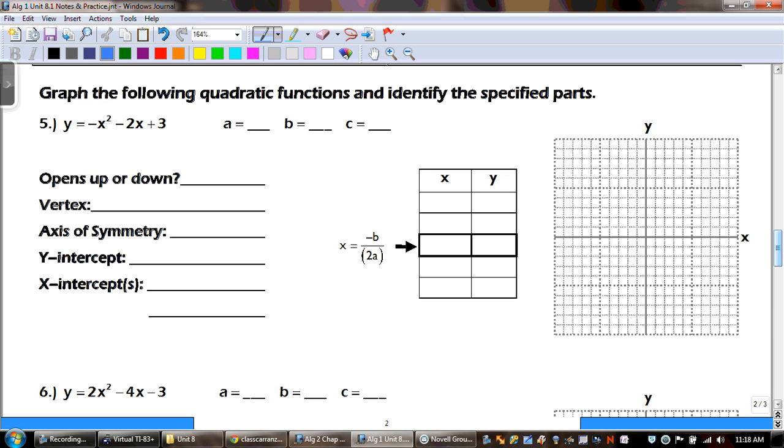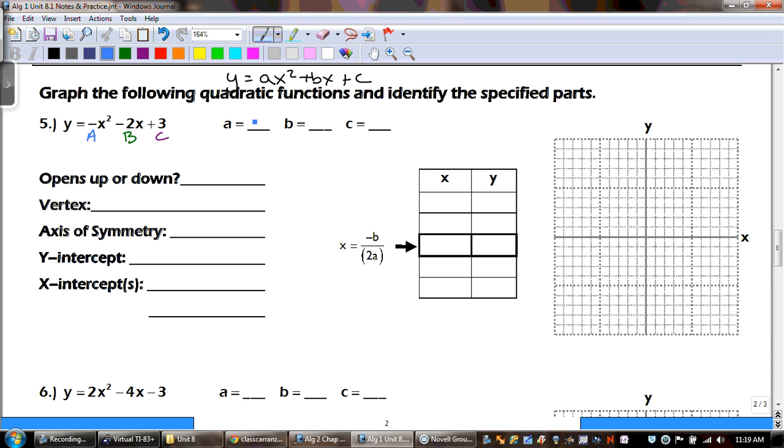So, we've got a lot of work to do. Let's remember that we have y equals ax squared plus bx plus c. So that's our a, that's our b, and that's our c. We can go ahead and plug that in.